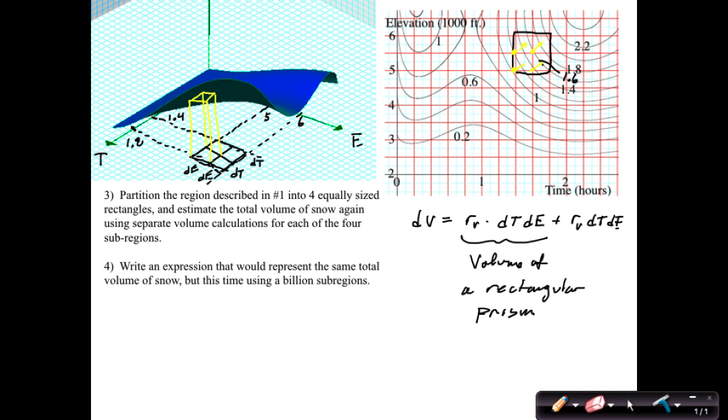So for that upper left, for this one here, we would all get, what is that? This would be 1.6. And this one would be, oh no, sorry, this is 1.2. This is 1.2, and this would be 1.6, and this would be 1, and this would be like 1.4.